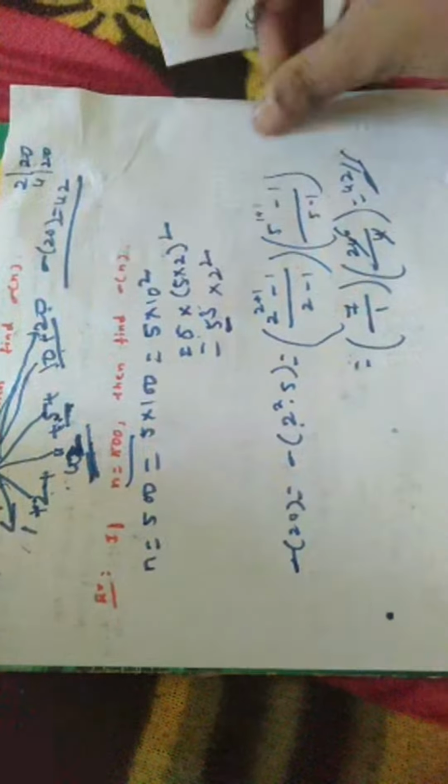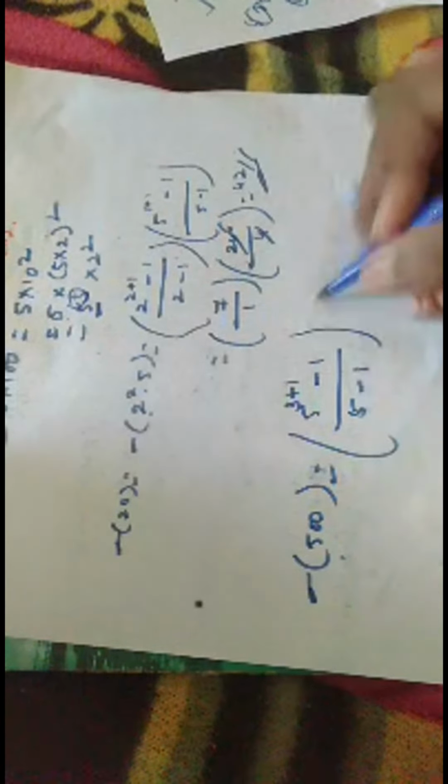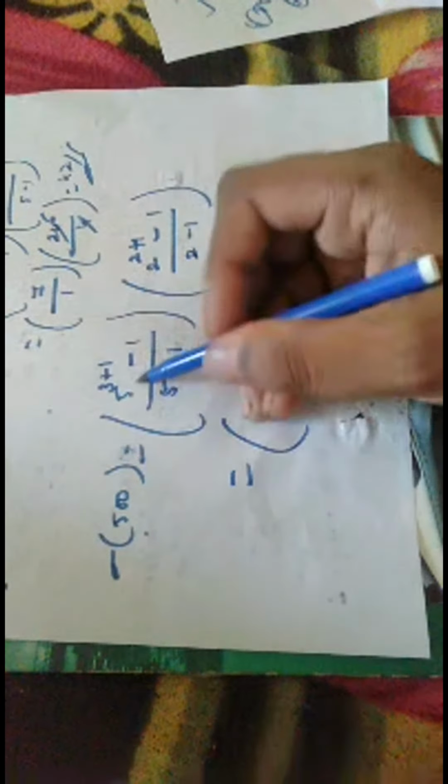By using the formula we write sigma of 500 is equal to 5 power 3 plus 1 minus 1 by 5 minus 1, then 2 power 2 plus 1 minus 1 by 2 minus 1. Solve this. What do we get? 5 power 4.